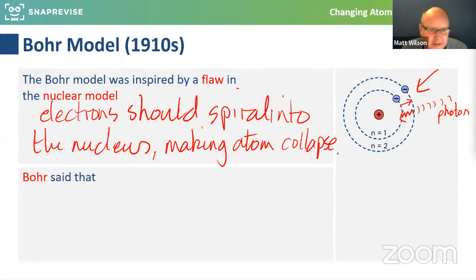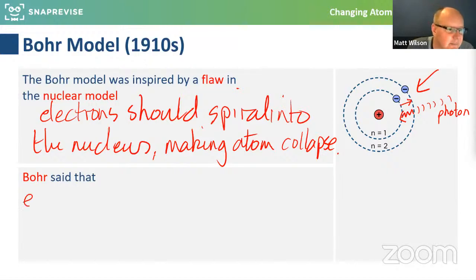So Bohr said that these electrons must exist in fixed orbits. So they're orbiting much like a satellite orbits a planet. They're orbiting at the right speed so that although they're attracted to the nucleus, they're never able to fall into the nucleus. They're kind of falling towards it, but missing.